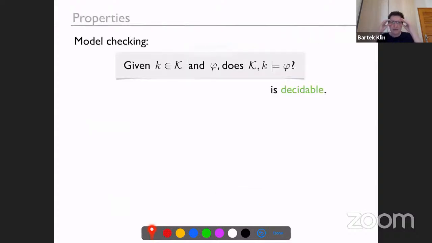Now, the property that people are interested in, in μ-Calculus and also in temporal logics in general, is, for example, model checking. So the model checking problem is, given a model K and a state in it, and given a formula, is it true that the state satisfies the formula?